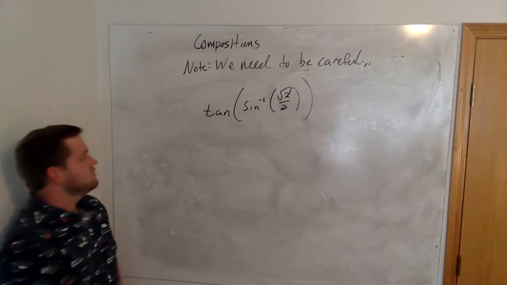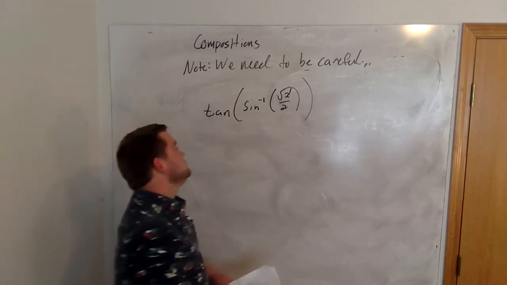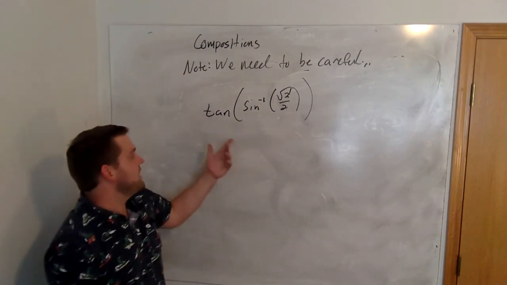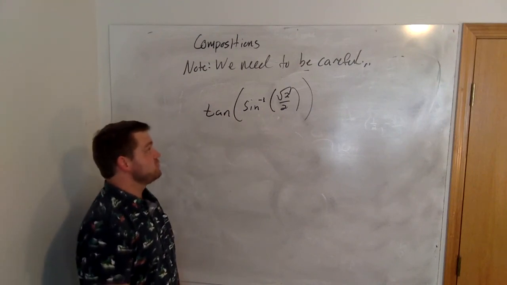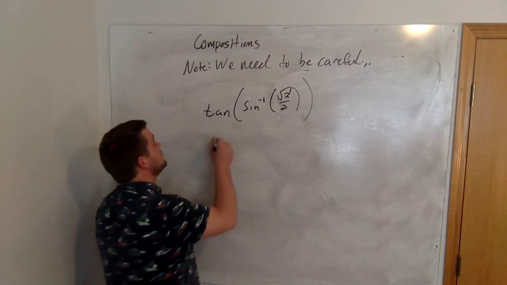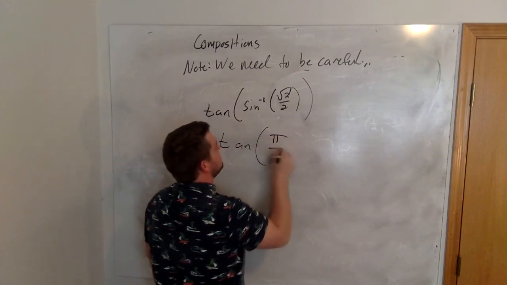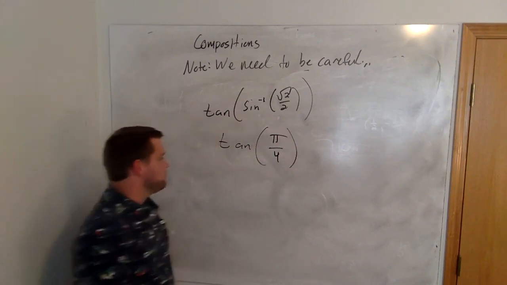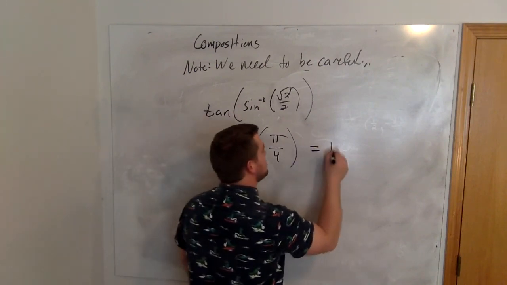So let's think about what sine inverse of root 2 over 2 is. Well, this is something that's nice to work with. What angle gives me a height of root 2 over 2, or a y coordinate of root 2 over 2? If we use our hand trick, that's going to be at pi over 4. So here we'll have tangent of pi over 4. What's tangent of pi over 4? I hope you believe it's 1. And that is the answer.